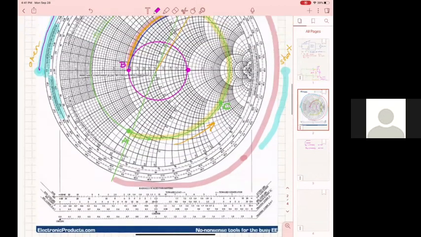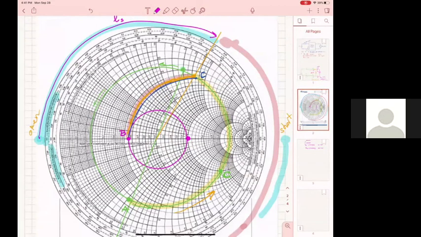So the short for impedance is the open for admittance. That's the only thing you need to remember if you go from impedances to admittances. And then you find the length. It just needs a little bit of practice, but it's always the same.